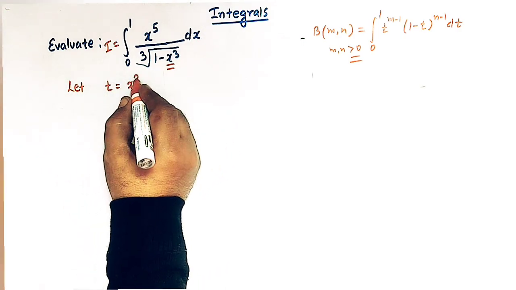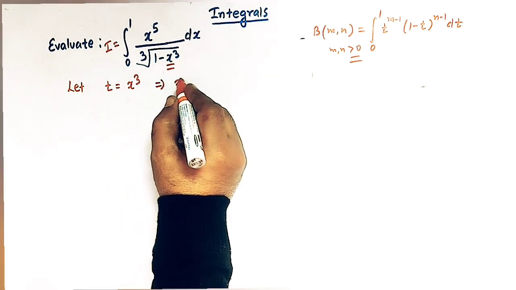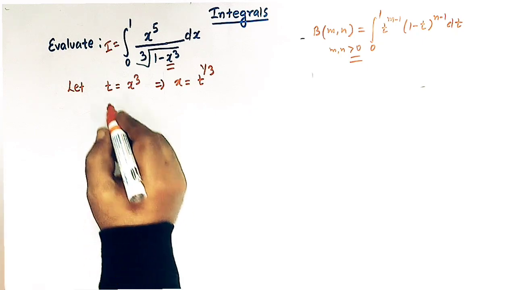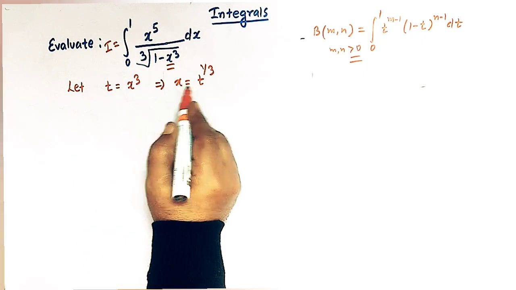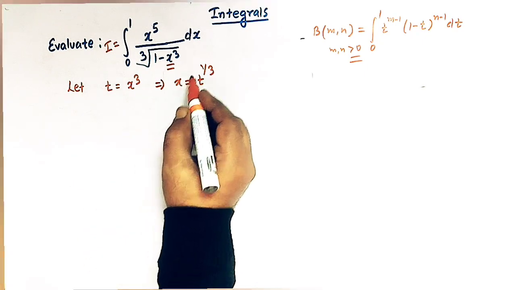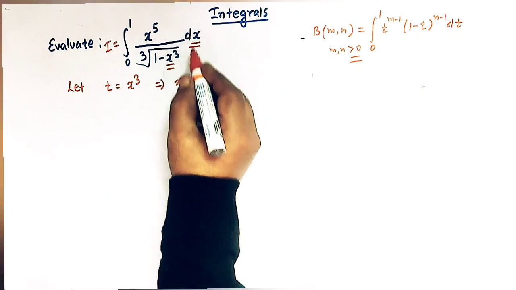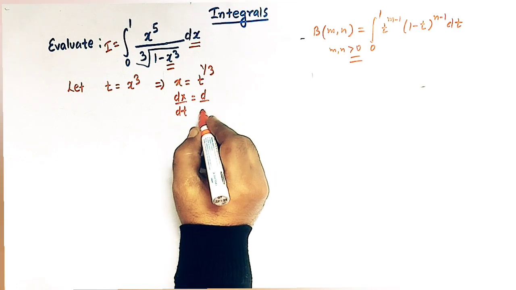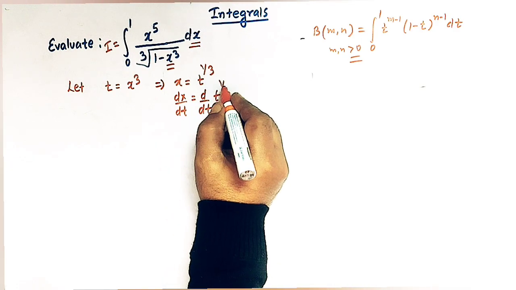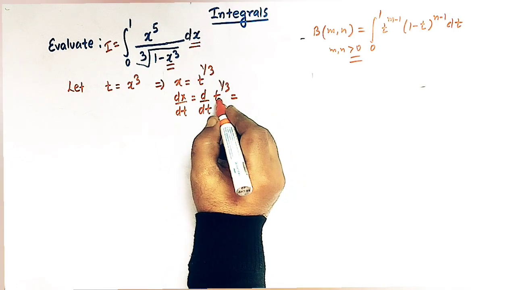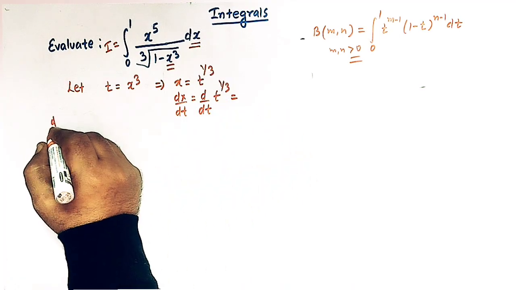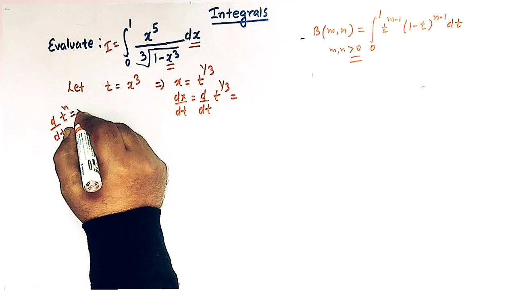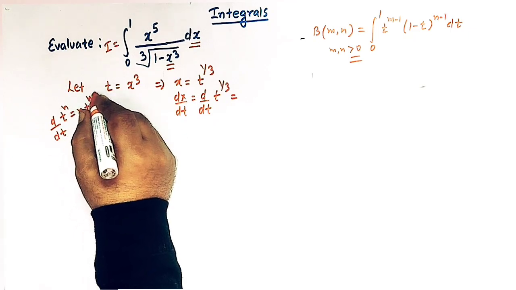Let us make this substitution: t is equal to x cube, so that x is equal to t raised to 1 over 3. Now let us differentiate x with respect to t to get the value of dx. We have dx over dt equal to d by dt of t raised to 1 over 3, and using the power rule, d by dt of t raised to n is n t raised to n minus 1.